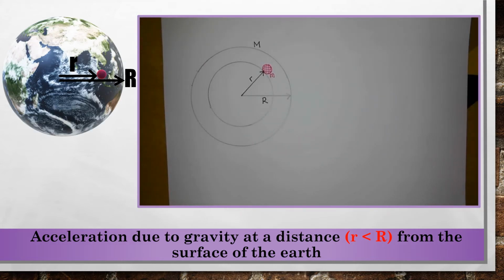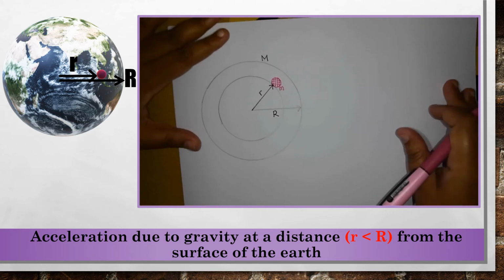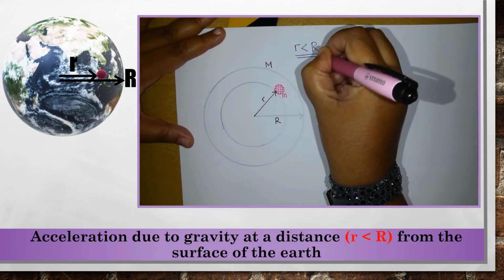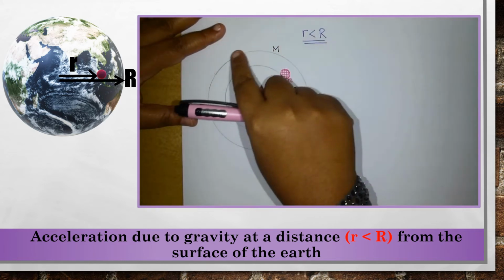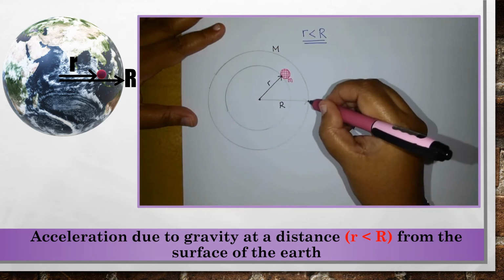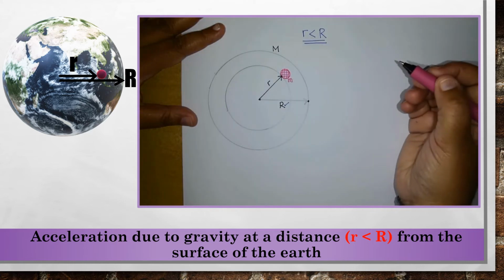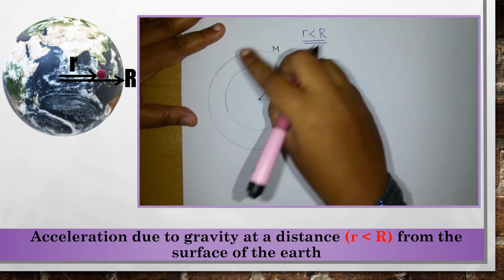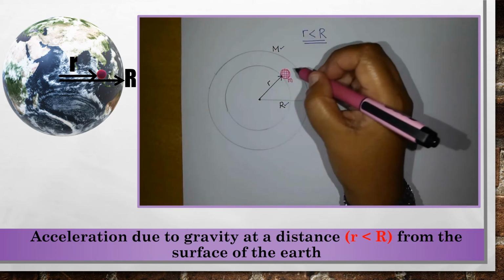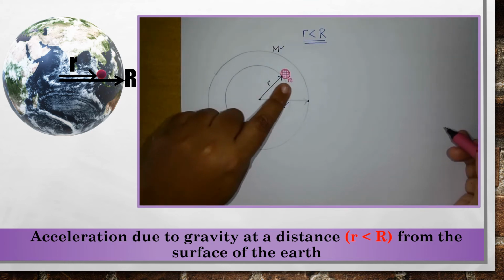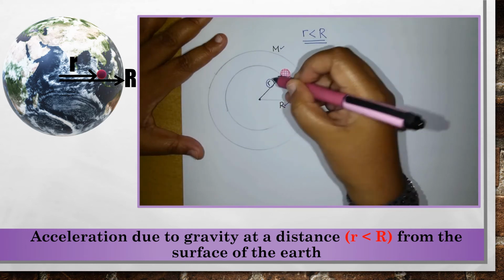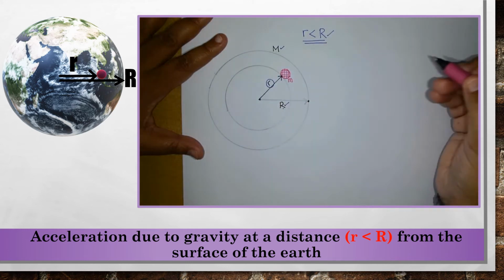Let's look at the case where the mass is at a radius less than the radius of the earth. Now we have the earth. From the center of the earth to the surface of the earth, the radius is capital R, and its mass is capital M. Now we have a small mass m, which is inside the earth, at a distance r which is less than the radius of the earth.